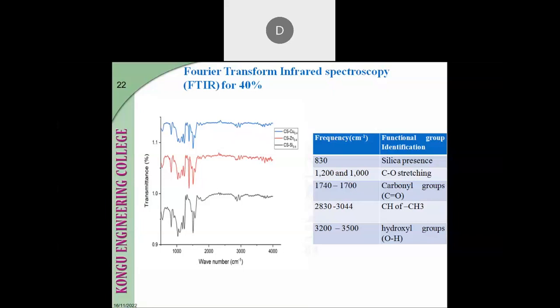Meanwhile, another important thing is the stretching vibration of the adsorption peak for CH of the CH3 group, which occurred at 2832 to 3044 centimeter inverse, and which is completely removed from the activated carbon.